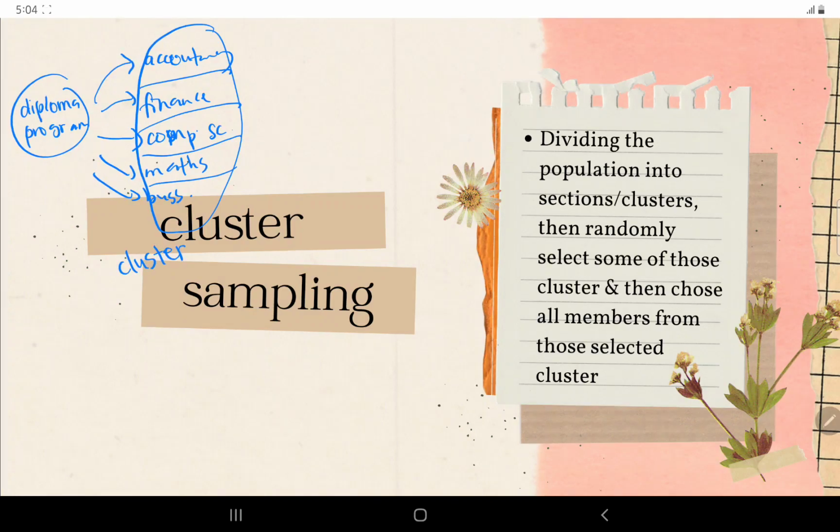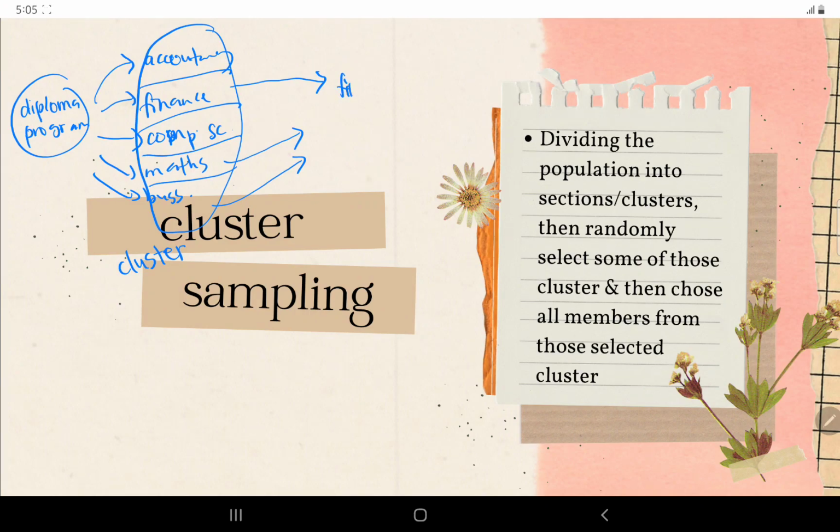Okay, then from cluster ni kita tak pilih semua cluster. Macam tadi yang dalam strata kita pilih sampel daripada semua strata. Tapi sekarang ni daripada cluster yang ada 5 ni, kita pick randomly. Contohnya kita pilih finance saja, maths saja dan business saja.